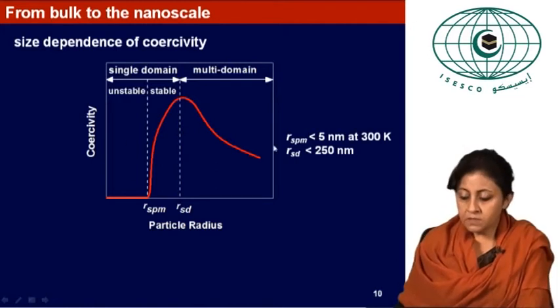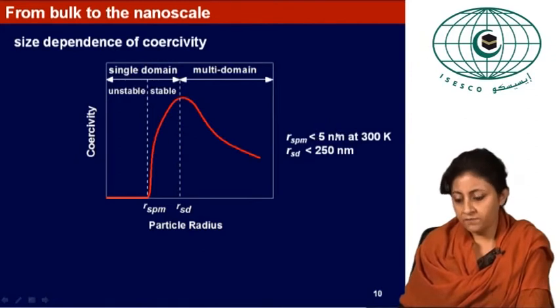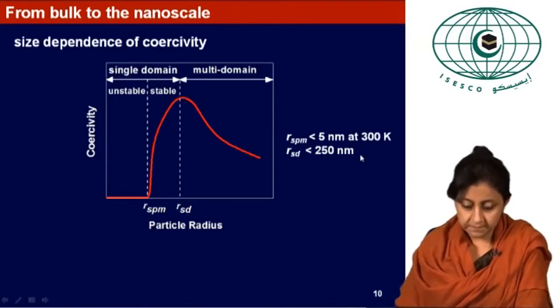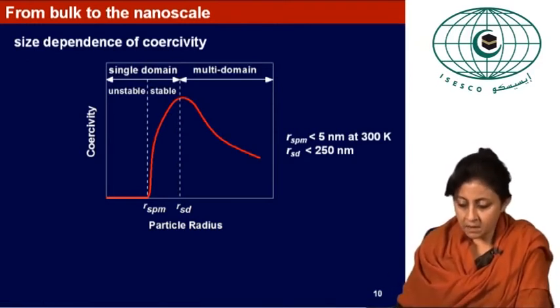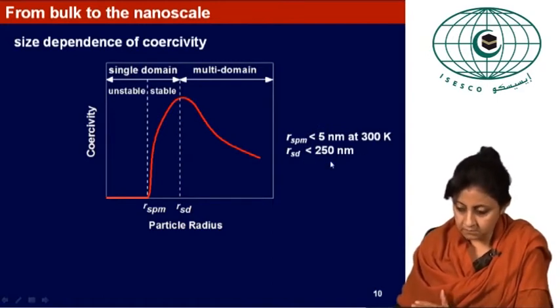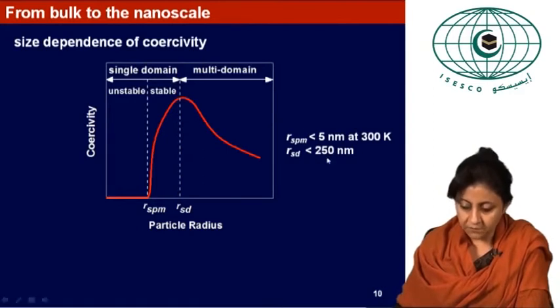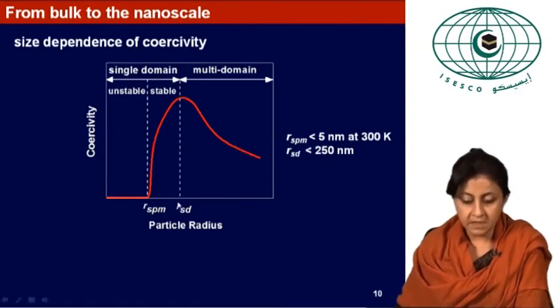Okay, so typically in most materials, the superparamagnetic radius is less than or equal to 5 nanometers at 300 Kelvin, and the single domain radius is less than about 250 nanometers at 300 Kelvin, but this varies from material to material. So these are just rough order of magnitude numbers to give you an idea of the range of these critical radii.